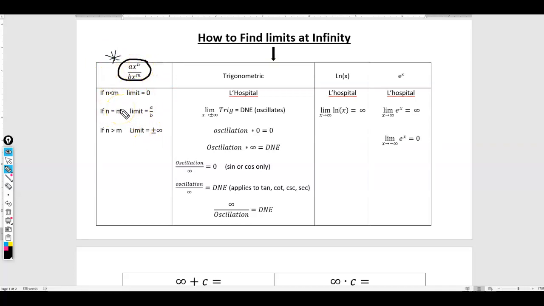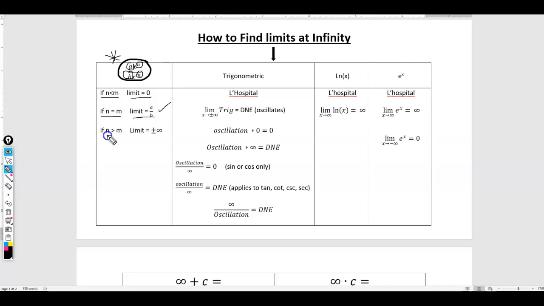But if you have a polynomial over a polynomial and you're finding a limit at infinity, here's the fastest way to do it. If the power on top is less than the power on the bottom, then the limit at infinity is 0. If the power on the top is equal to the power on the bottom, then the limit will be whatever these coefficients are written together as a fraction.